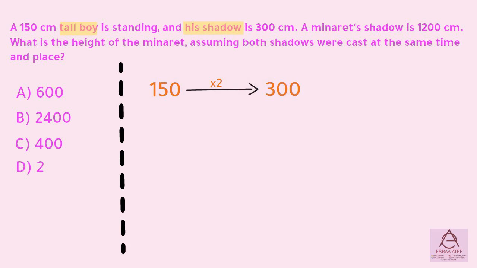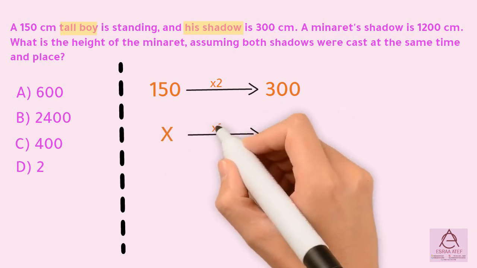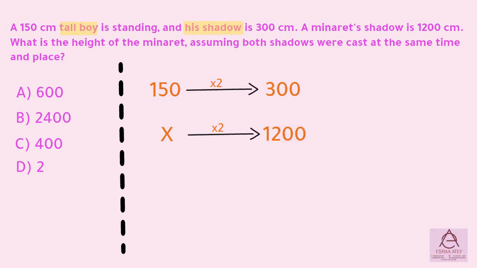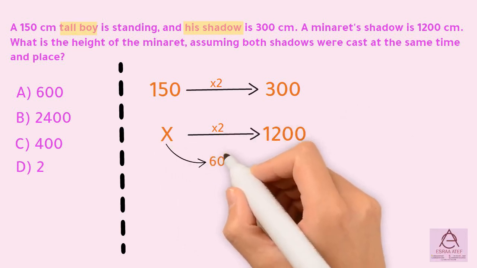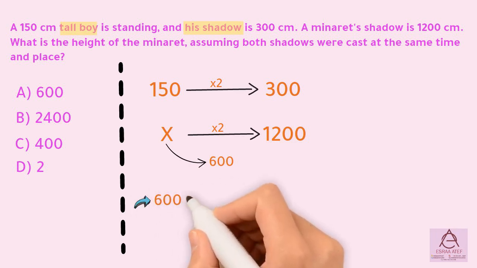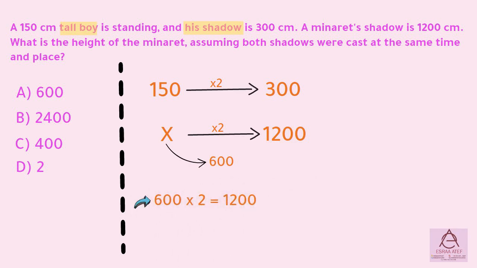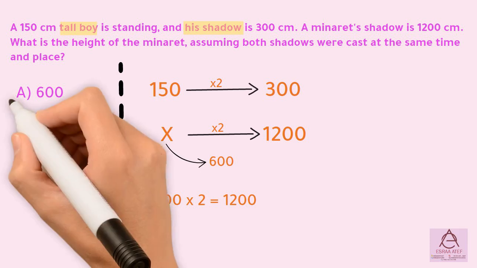And for the other one, we have the shadow, which is 1200. So what is the number that, if we multiply it by 2, gives me 1200? We can take 600, because 600 times 2 is 1200. So the height of the minaret will be 600. So the correct answer is 600.